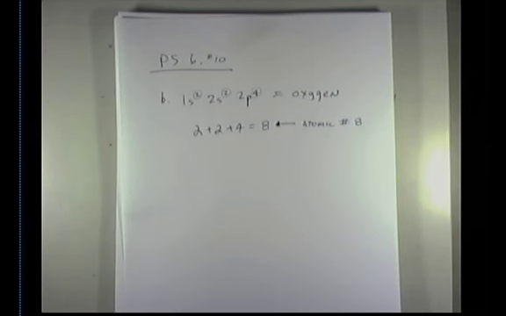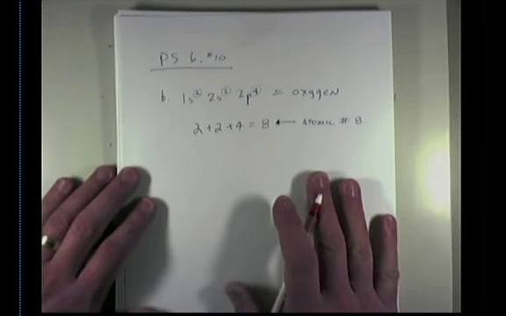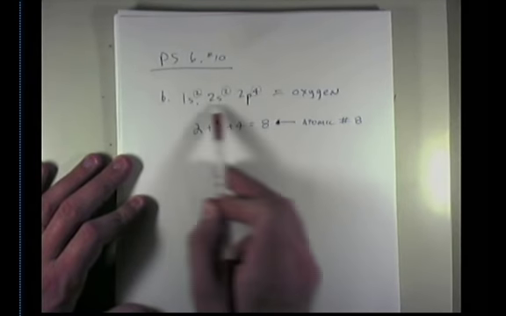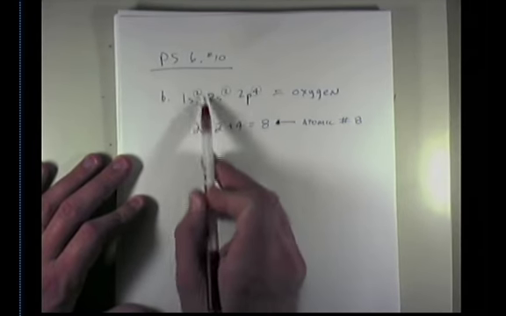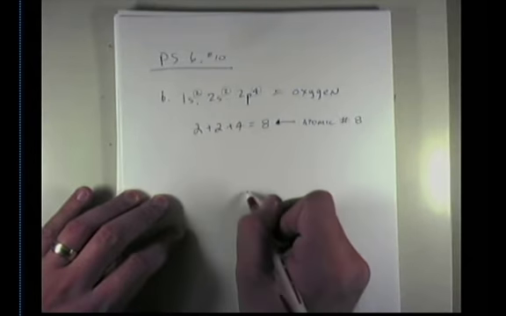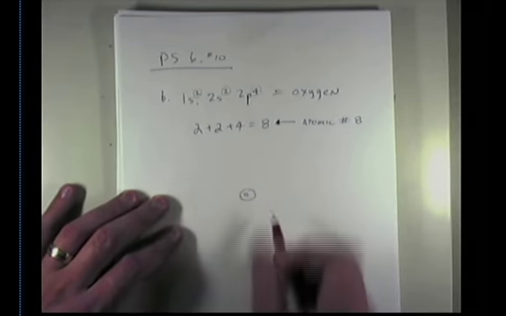The next part of the question is asking how many unpaired electrons does it have? Well, you should remember that these electrons fill up their orbitals from the innermost orbital to the outermost orbitals in order. So this 1s orbital, which is a sphere, has 2 electrons in it, which are both paired.